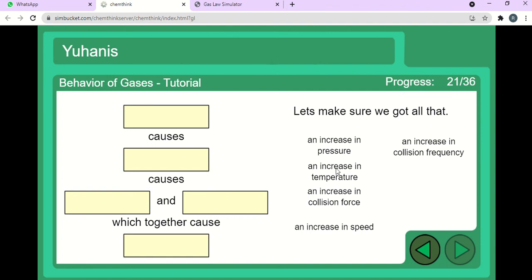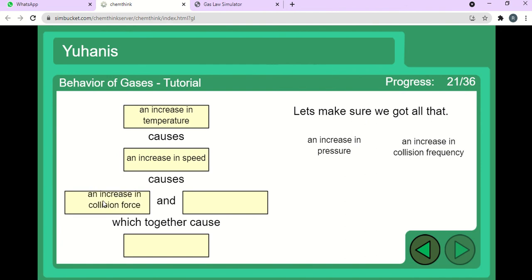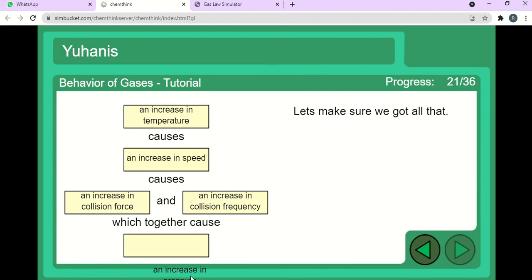Increase in temperature, I think, will cause an increase in speed. That means an increase in collision force and collision frequency. The collisions are more energetic and more frequent, which together cause an increase in pressure.